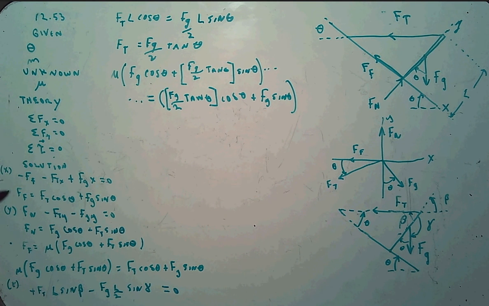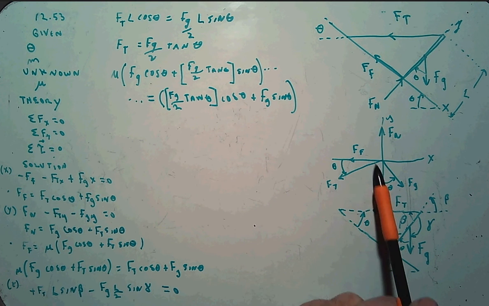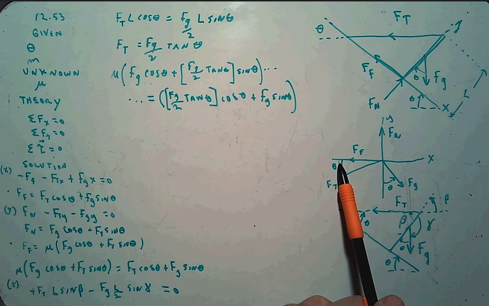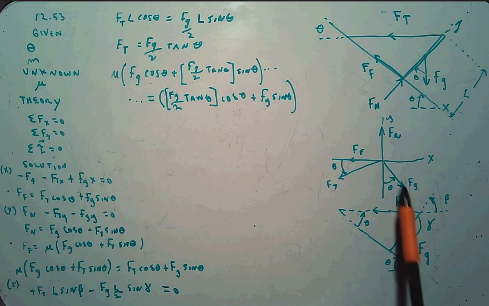And I'll start out with the x equation first, summing the forces in the x direction. And that is the force of friction, minus the force of tension in the x direction, plus the force of gravity in the x direction, they must add up to be 0.